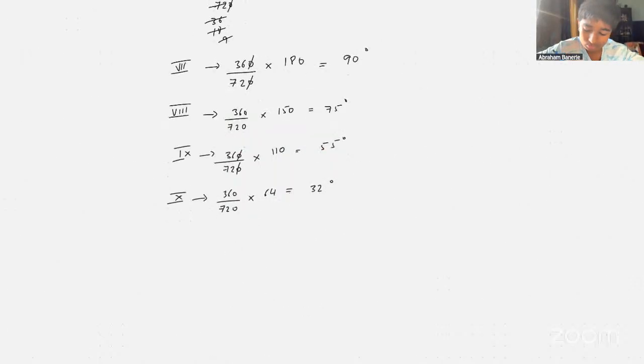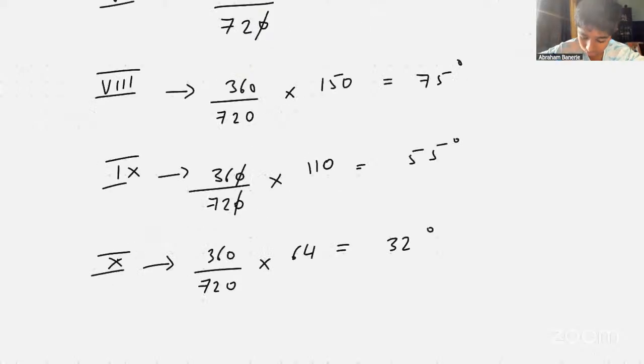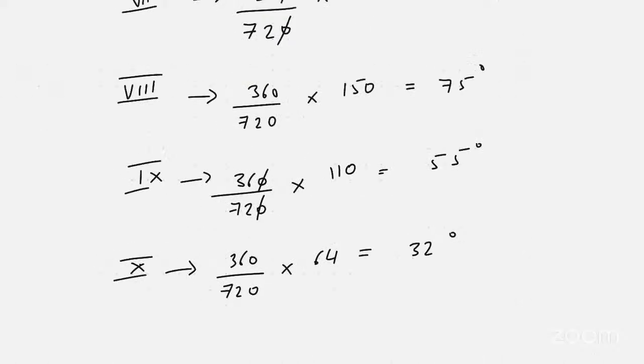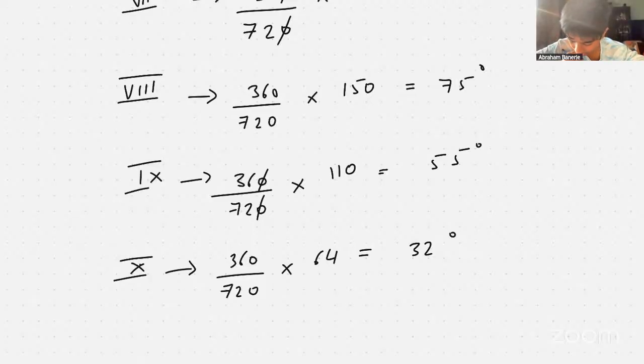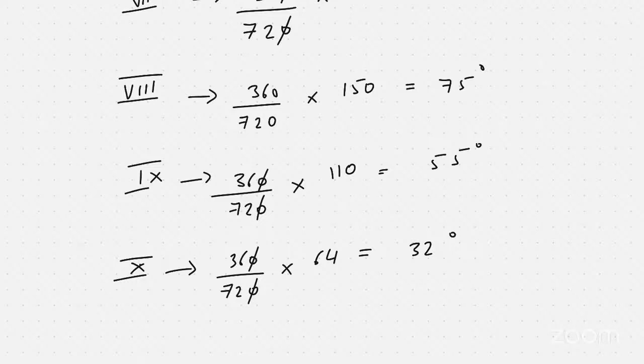Is that okay? 31, why not 32? Ma'am, something must have gone a little wrong while calculating. It's 1 degree less, ma'am. Should I redo it? Yes, redo it.